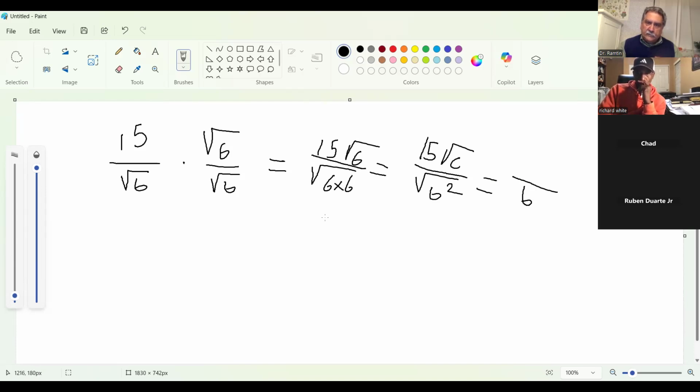But I can simplify this 6 and 15 by 3. That becomes 5, that becomes 2. So the final answer is 5 square root of 6 over 2.